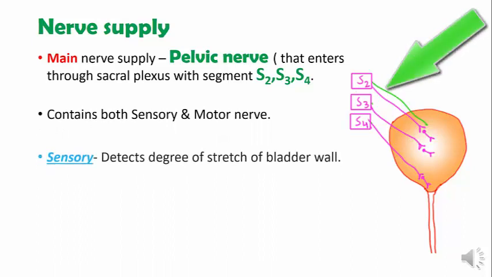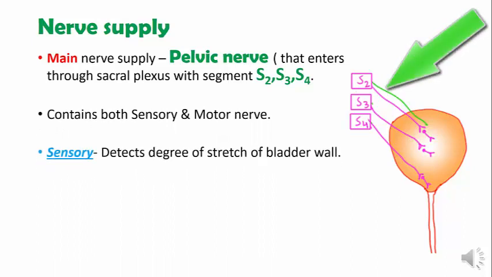This green one is the sensory nerve, and it detects the degree of stress of the bladder wall.